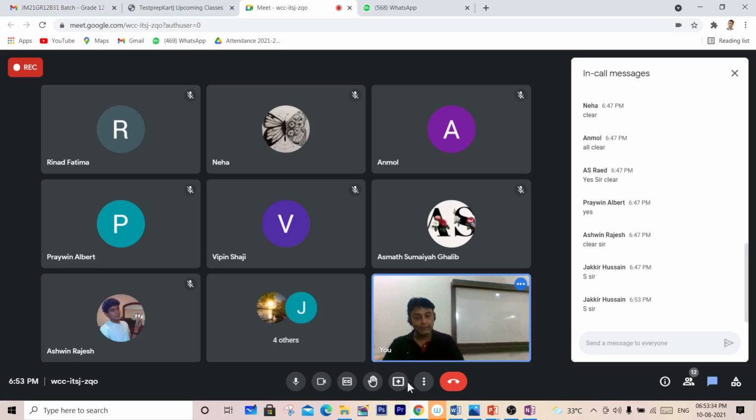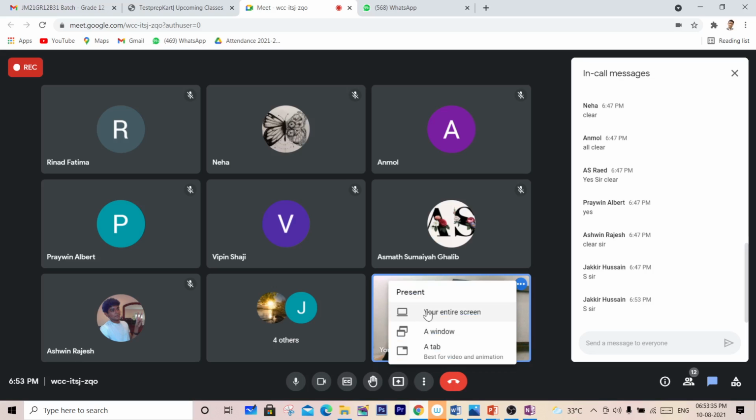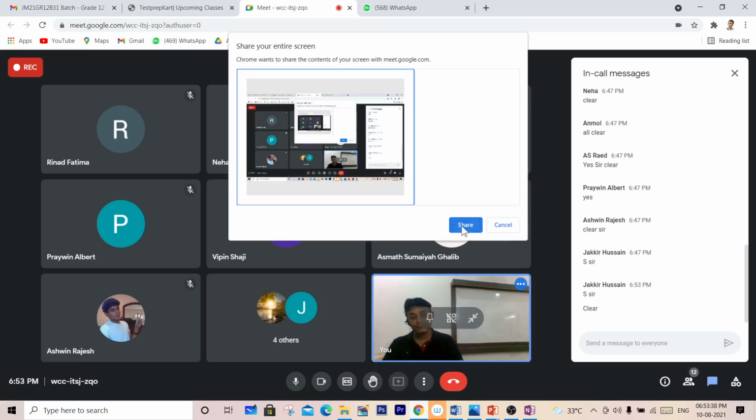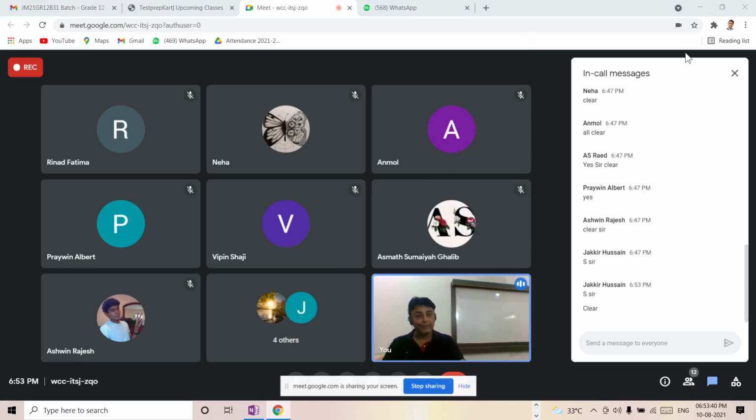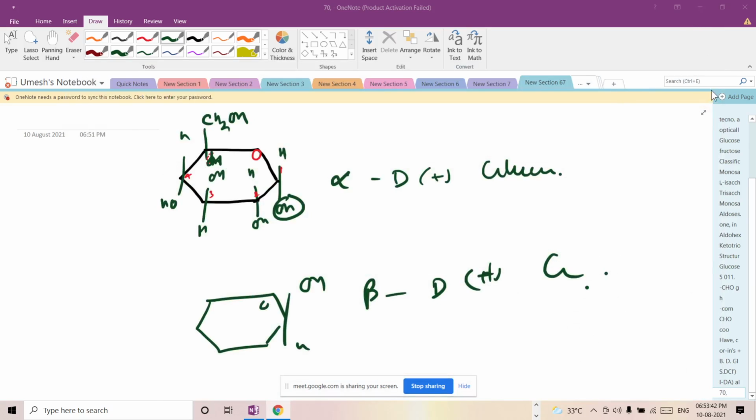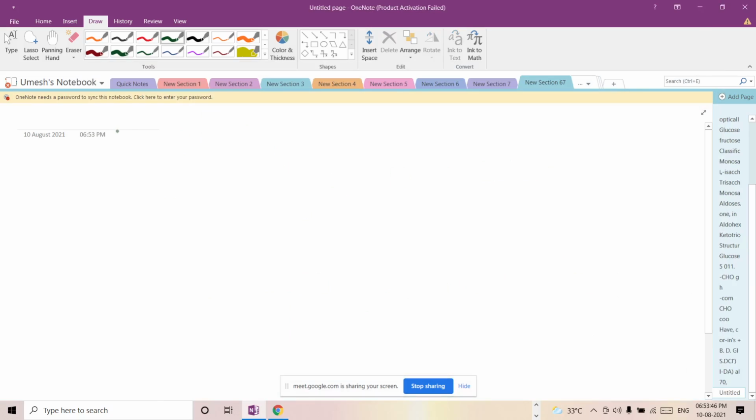Right. Now we'll discuss the structure of fructose. Coming to the fructose. I have shown you the structure of the fructose like this: 1, 2, 3, 4, 5, and 6.